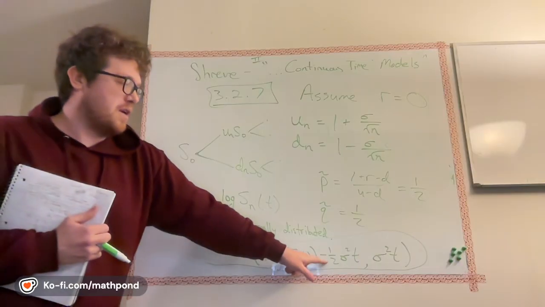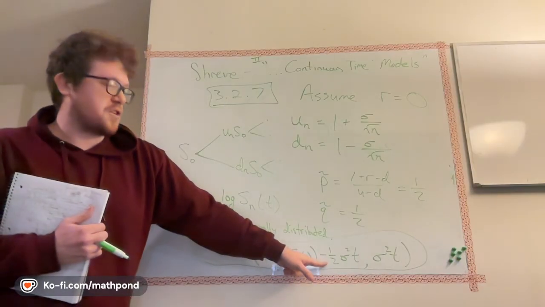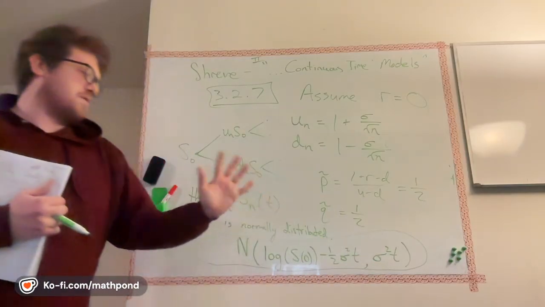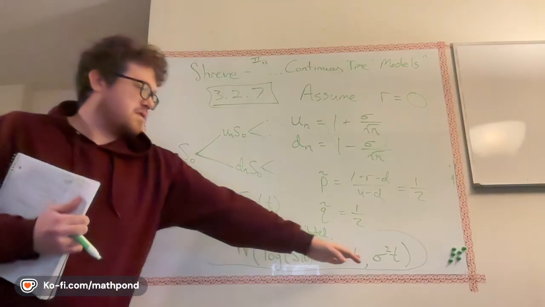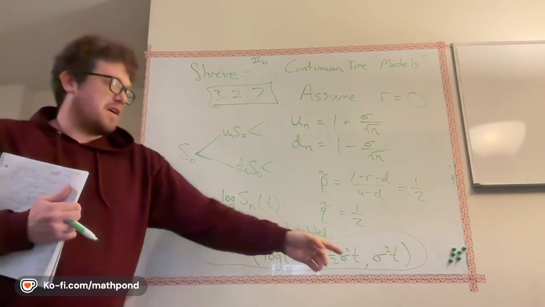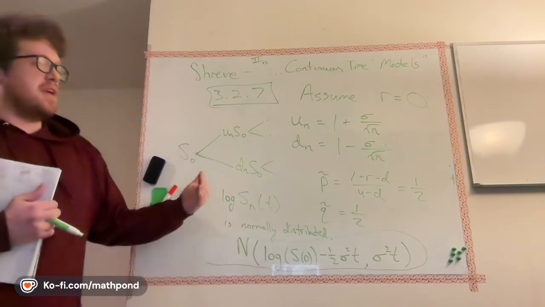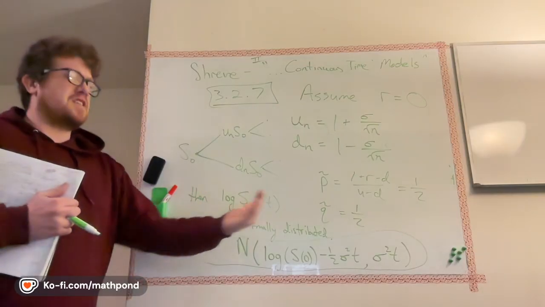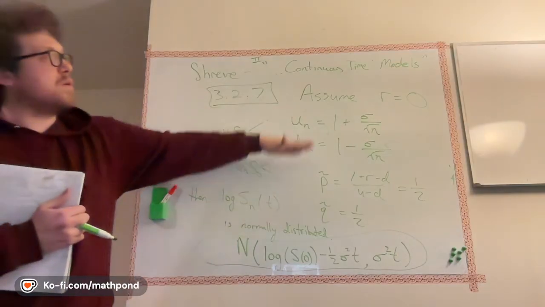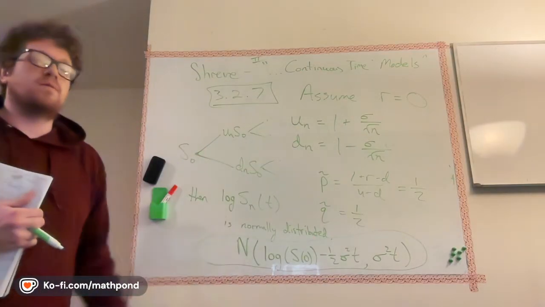So we actually lowered the mean by this extra term, this 1/2 sigma squared t. But the variance is what we would expect. It's still just sigma squared t. But also notice that as the time goes out, the variance is increasing. So you could think of that as the uncertainty of the stock increasing as you go out in time, because it might go up or down more chaotically the more time you have, right?